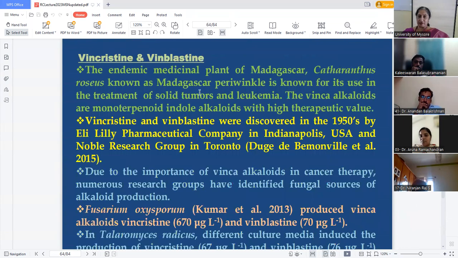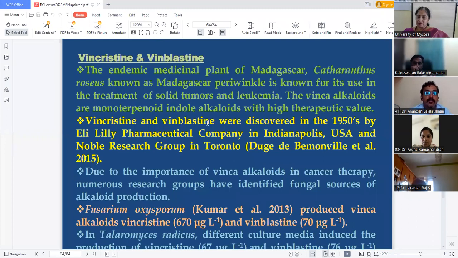The last, but not the least, we have vincristine and vinblastine produced by the Madagascar periwinkle plant known as Catharanthus roseus. Otherwise, there are two or three names associated with this, Lochnera rosea, etc.